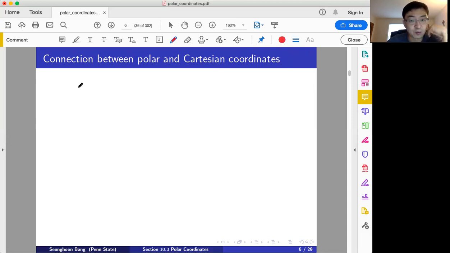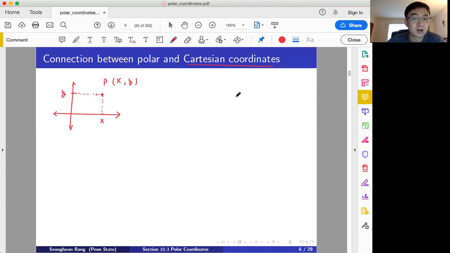Sometimes we call it rectangular coordinates. You can choose one point P here. You can find the x component and the y component. So this is (x, y), and we call these Cartesian coordinates.